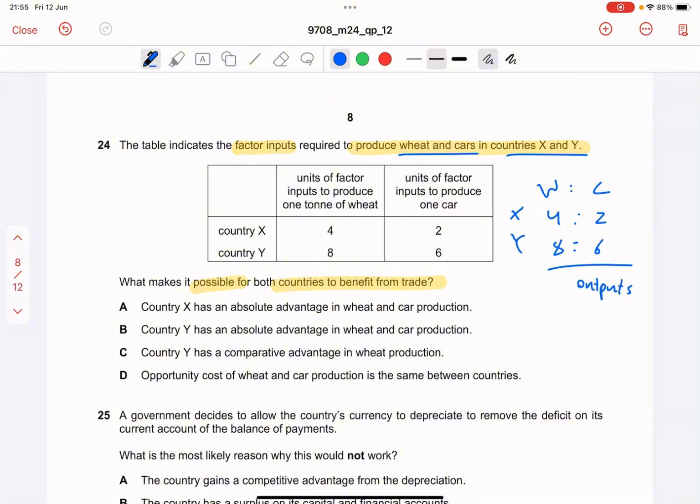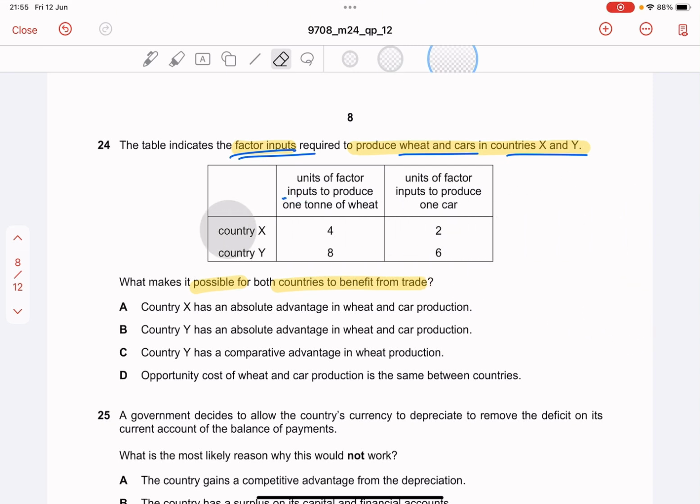But in this case, this is importantly factor inputs, units of factors inputted to produce the wheat and cars. So to find the opportunity cost ratios, you have to find the units that can be produced, the output for each country.